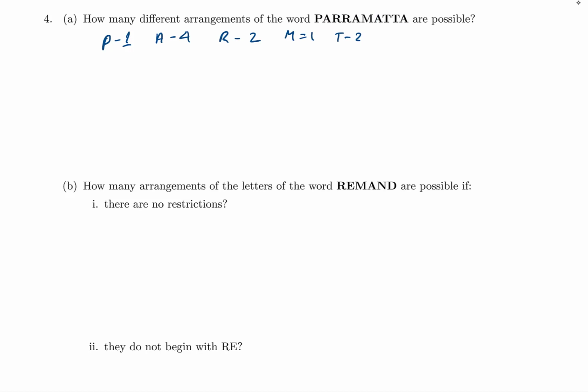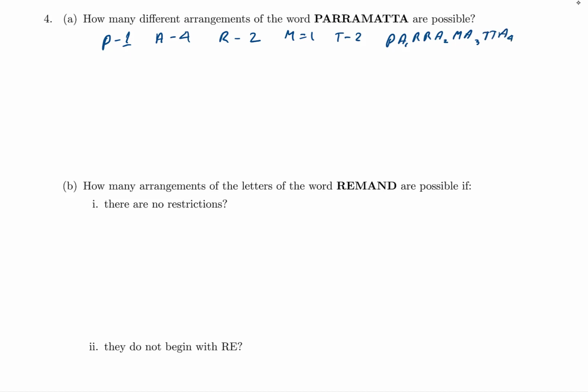Right. Now, how many different arrangements of the word are possible, right? So let me give you an example. Suppose we use the same P, there are 4 A's, so I use A1 and R as an example, okay? A2, M, A, T, T, A4, right?